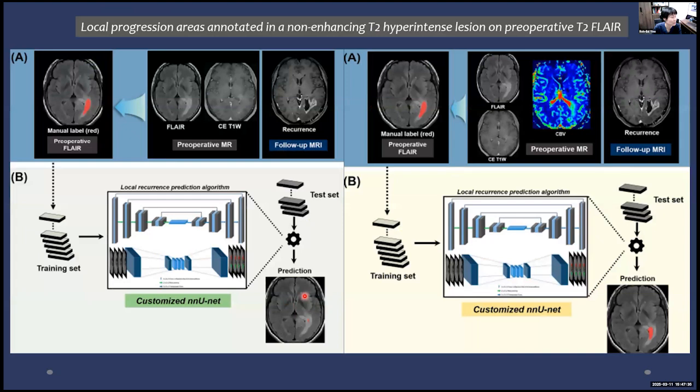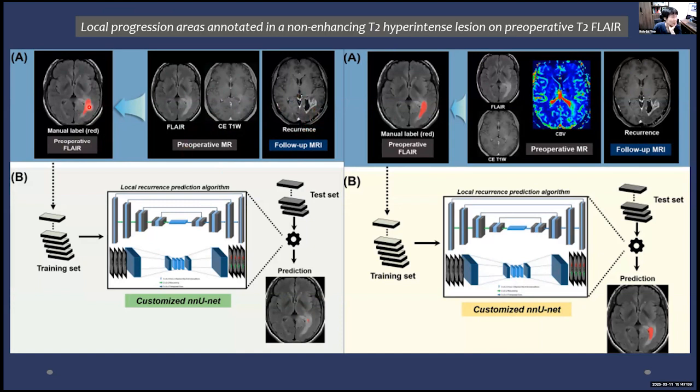So here are the schematic diagrams. In the conventional model, we had the FLAIR and the contrast enhanced T1 weighted image fed to the training model, and the labels were manually drawn within the non-enhancing T2 hyperintense lesion, with reference to the true recurrence at the follow-up MRI.